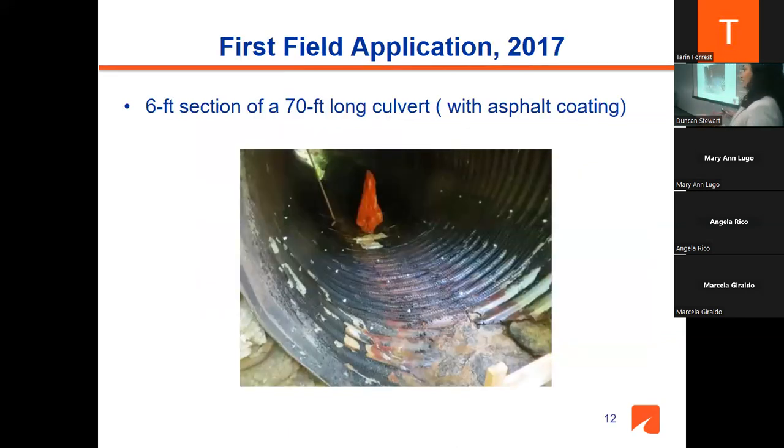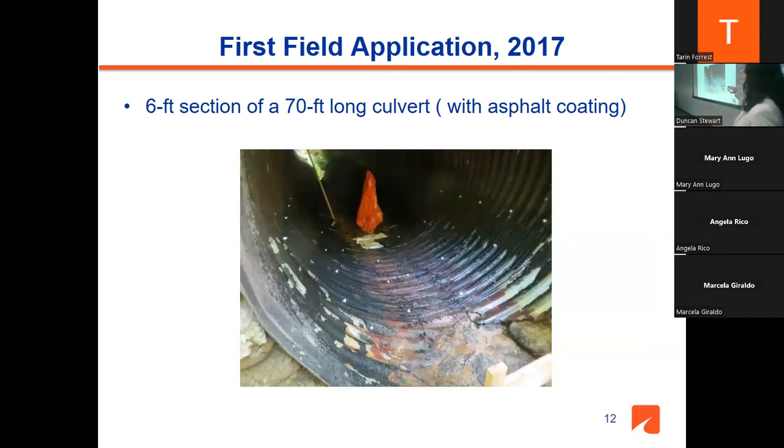So we had good results from our trials, and then we decided to implement our research on the job. For the first field application in 2017, we went to Lynchburg district, and there was a culvert with a 70 feet long dimension, and we tried to just select the first 6 feet section.